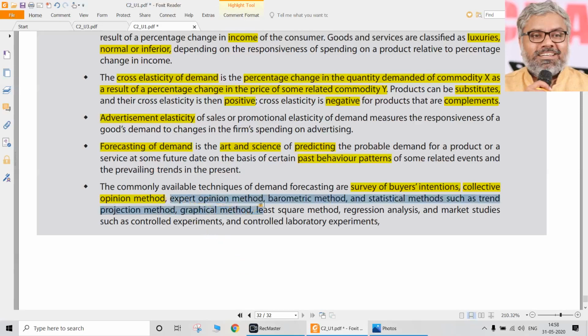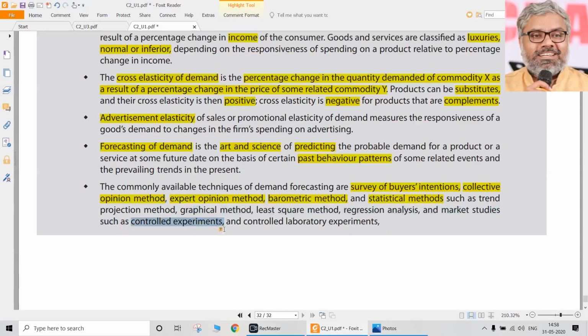The expert opinion method gives the opinion of certain experts who have been appointed for the purpose of this demand forecasting. Like that, the barometric method can also be used, and statistical methods can be used, like trend projection, graphical method, method of least squares, regression analysis, all these things. And some other market studies like controlled experiments, controlled laboratory experiments, like this many methods can be used.